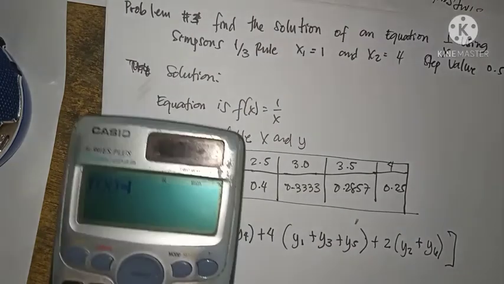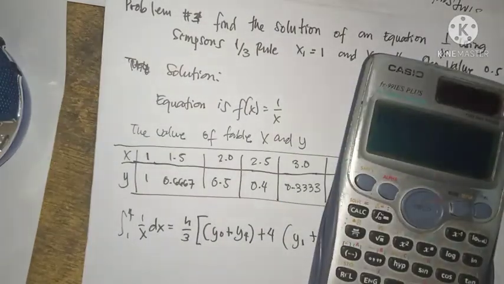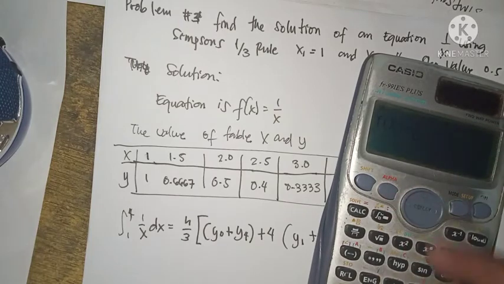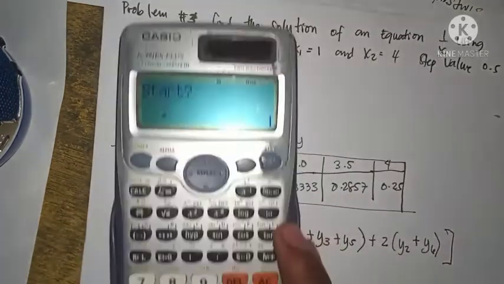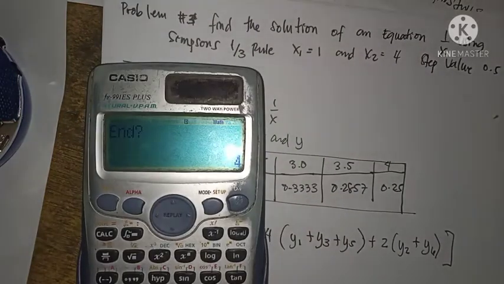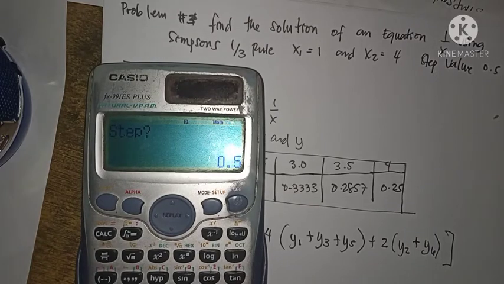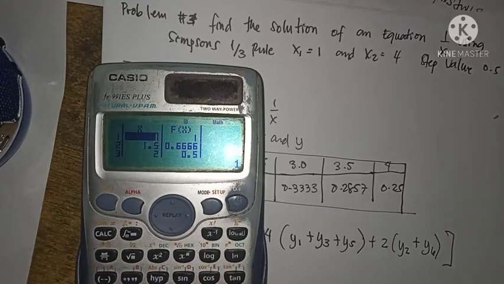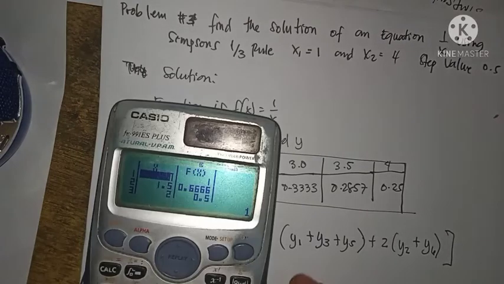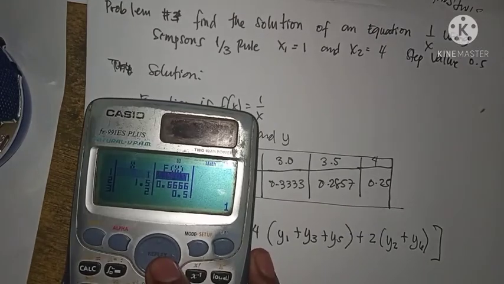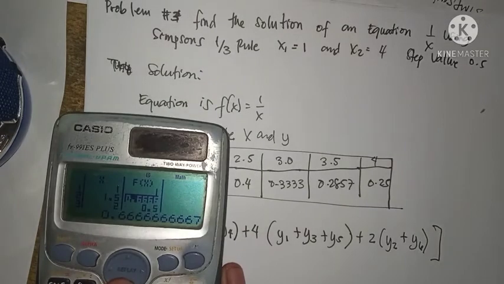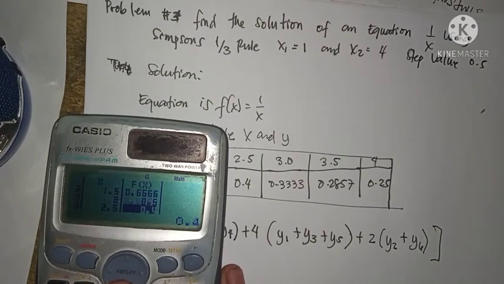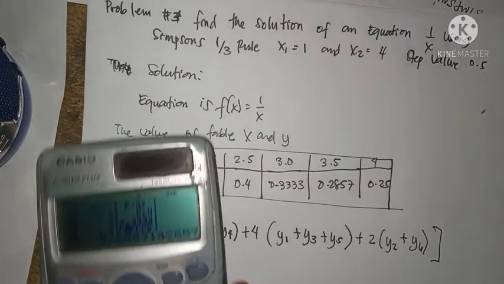So let's solve this for the function of x, which is 1 over x. x goes from step 1 to step 4 with step 0.5. So we have 1, 0.667, 0.5, 0.4, 0.3, 0.2857.